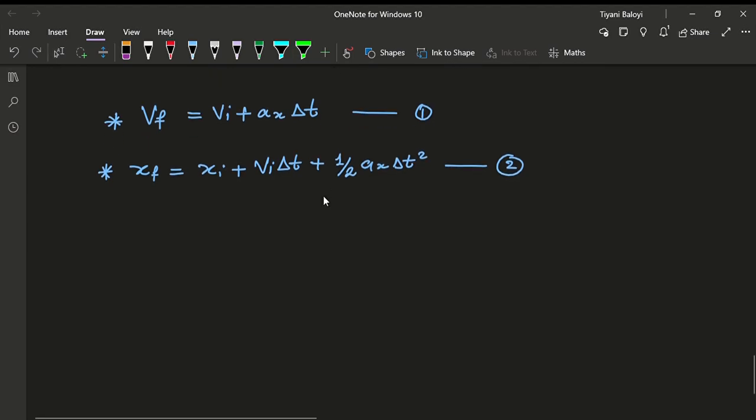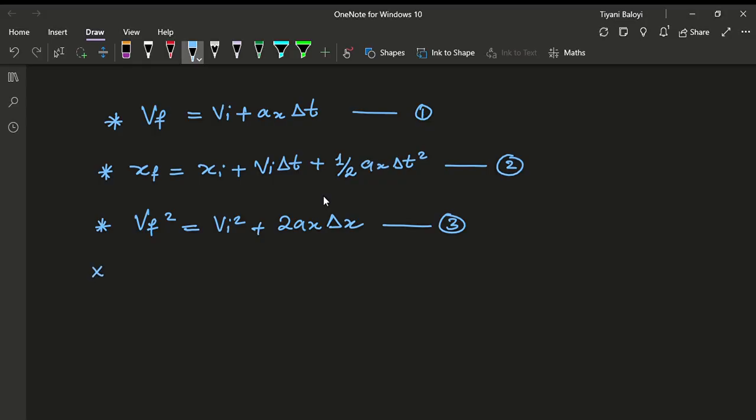So let's just look at the third one. You have Vf squared is equal to Vi squared plus 2 a x, multiplied by change in x. So this is 3.